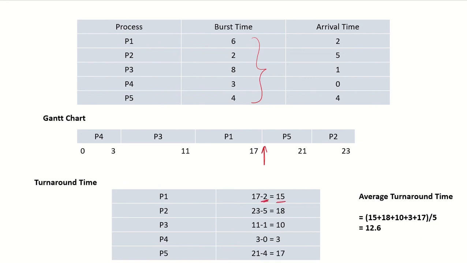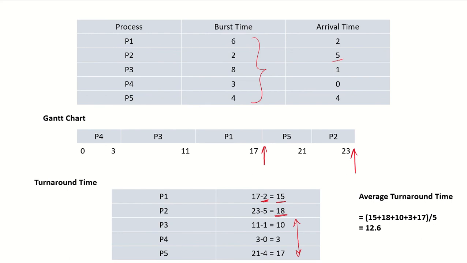So 17 minus 2 will be 15. P2 terminated at 23 and it had arrived at time unit 5. So 23 minus 5 is 18. And similarly, we can compute for P3, P4 and P5 also.